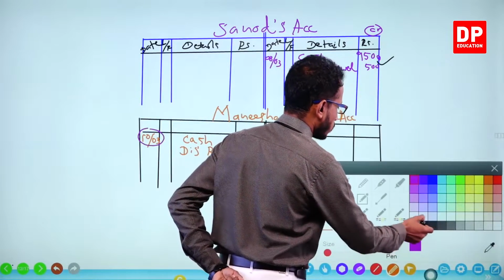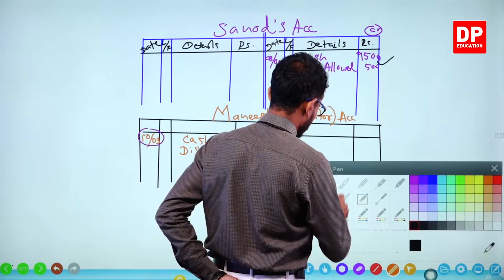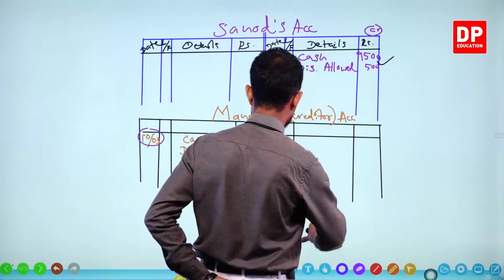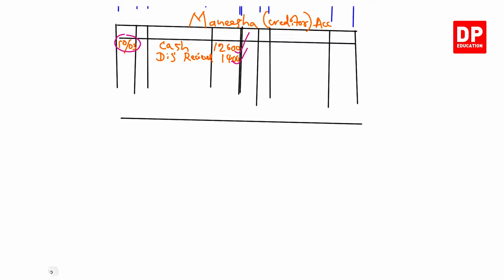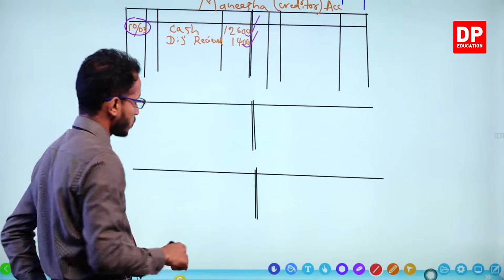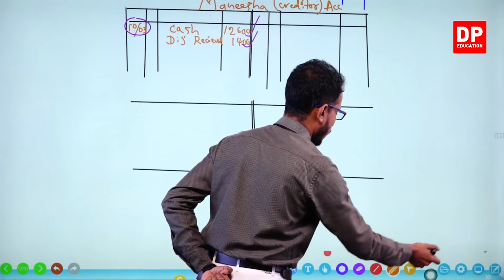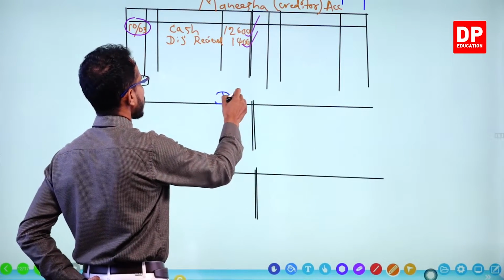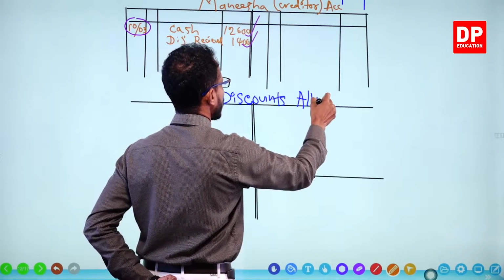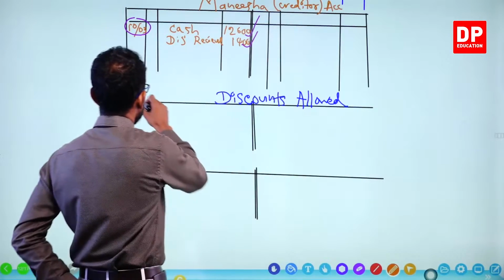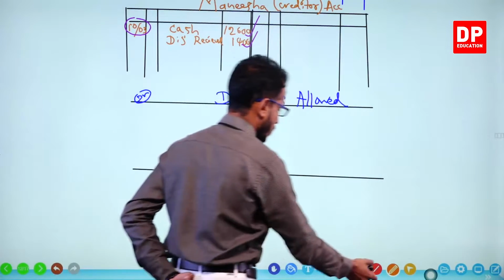Now we need two more accounts. Discounts allowed account and discounts received account. Two more accounts. This is the discounts allowed account, debit and credit.